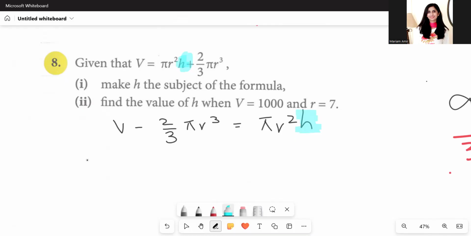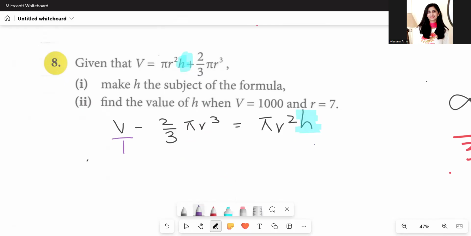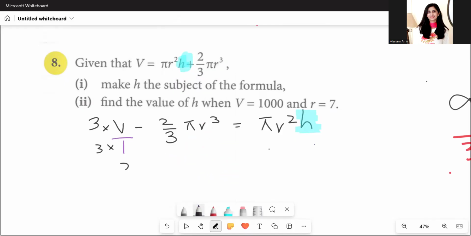First, we need to fix that. Can we change this into a single fraction? LCM. Yep, we can. So we will write it divided by 1 here. Now to make denominators the same, we'll times this with 3 and times this with 3. So 3v, we do times 3 times 3. 3v minus 2 pi r cube whole divided by 3 equals pi r squared h.